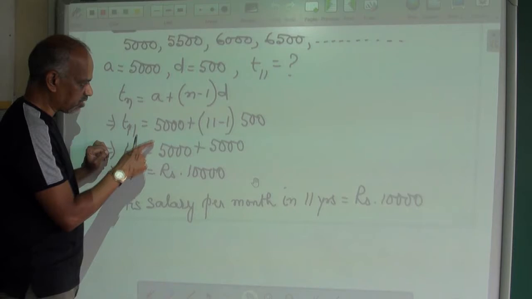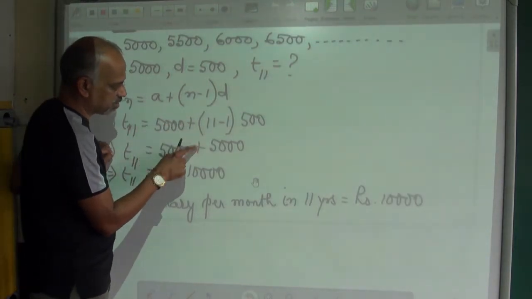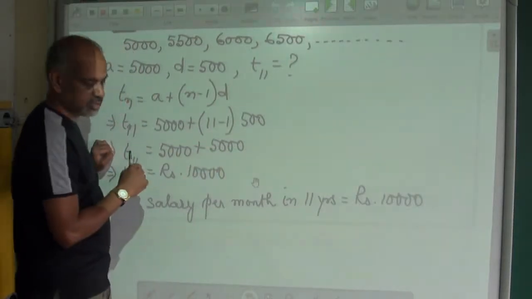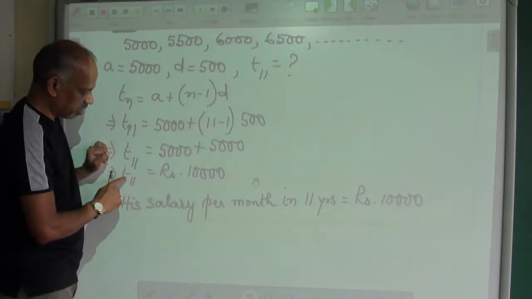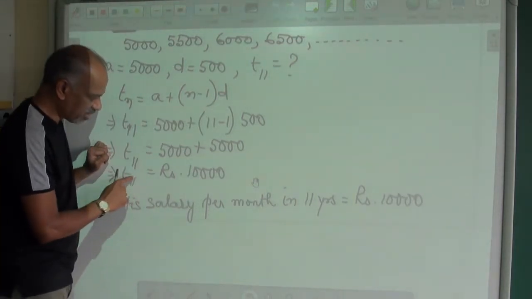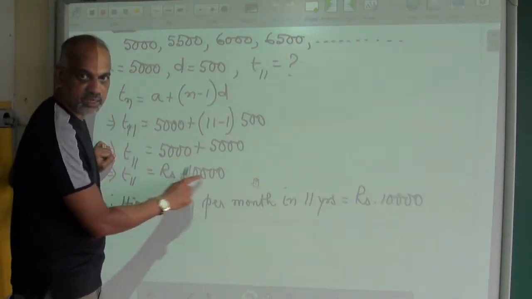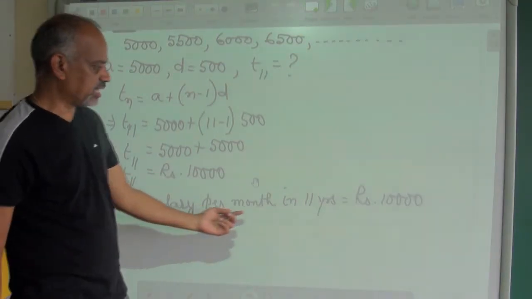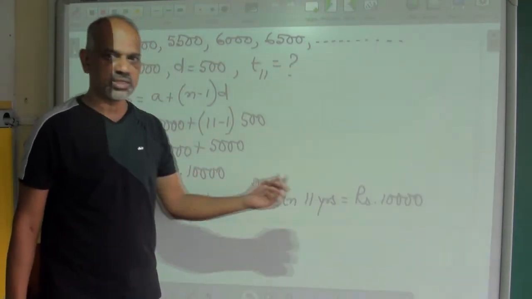So term 11 is equal to 5,000 plus 11 minus 1 is 10. 10 into 500 is 5,000. Add both these, that will give you term 11 is rupees 10,000, which means in the 11th year he will be getting 10,000 rupees as his monthly salary. So his salary per month in the 11th year will be rupees 10,000.